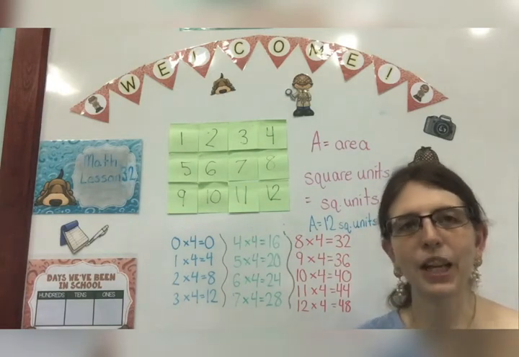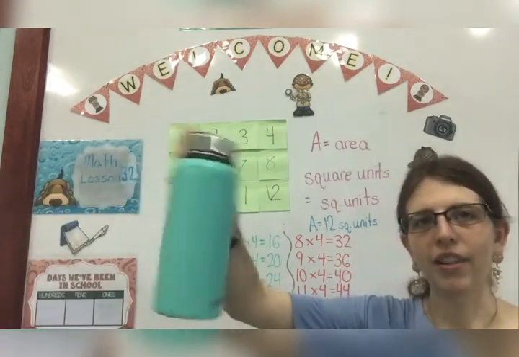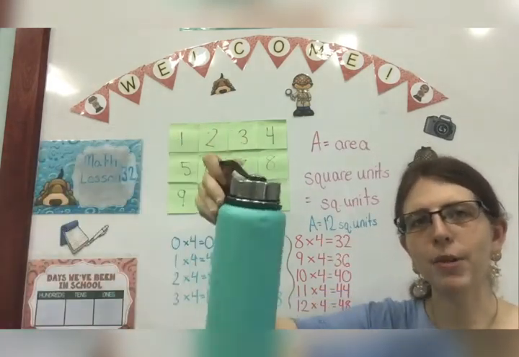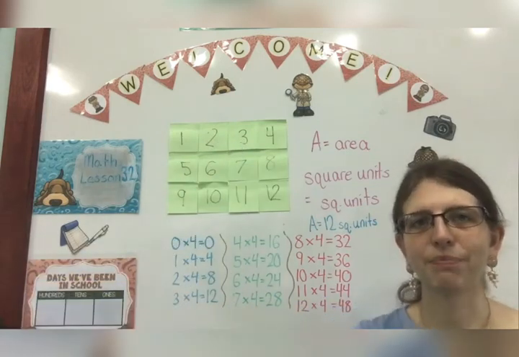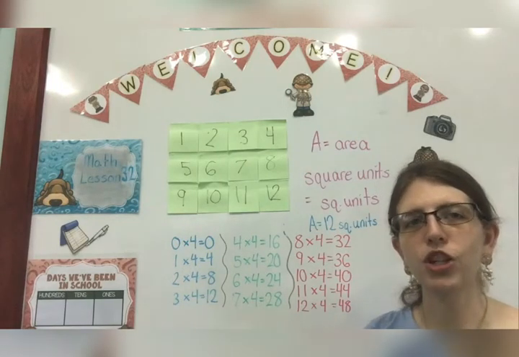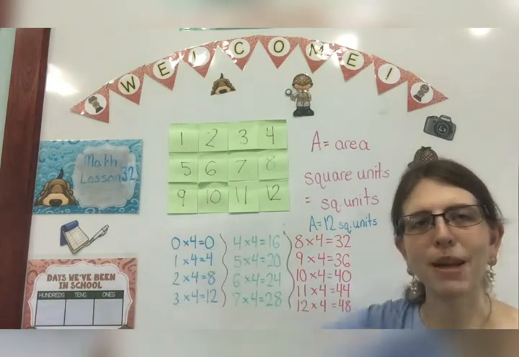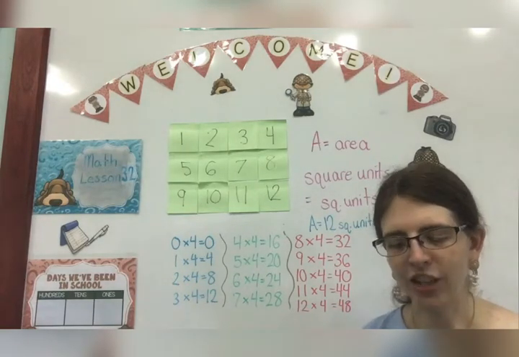Next it says liquid capacity. So that's like your water bottle. How much water, how much liquid something can hold is its liquid capacity. Time. That's like what your watch measures. It measures the time. So let's see which one each is.